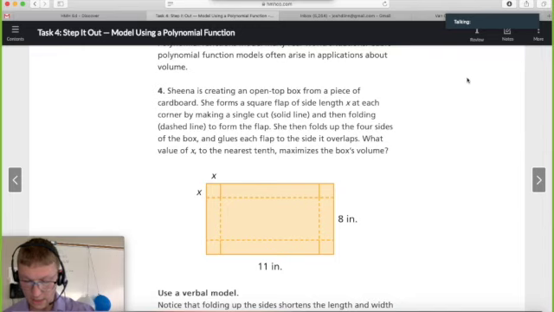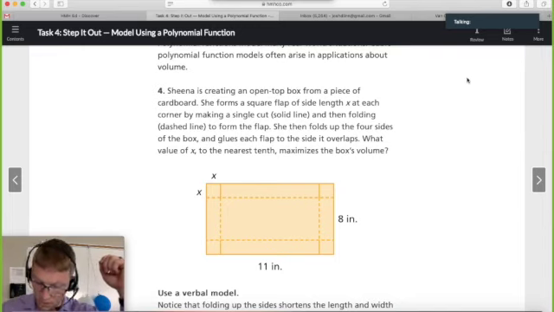So we need to find the volume of a box. So the volume of a box, again, I'm sure everyone remembers this, is length times width times height.